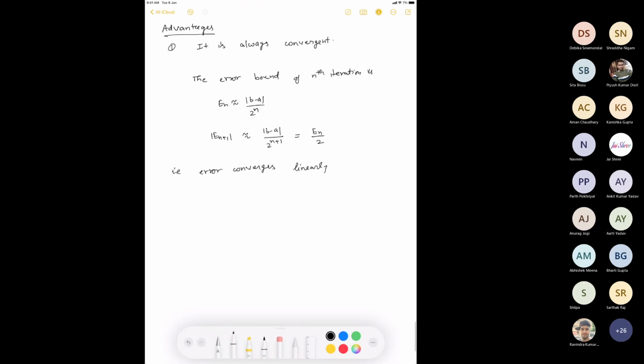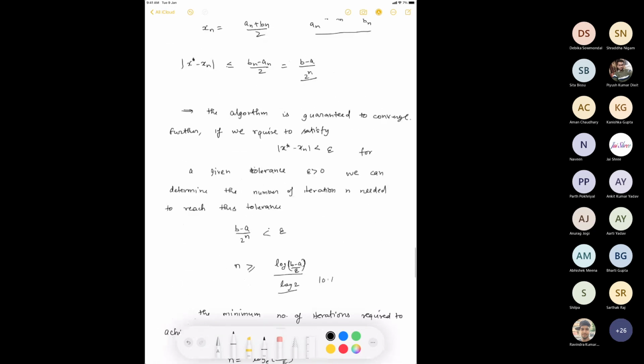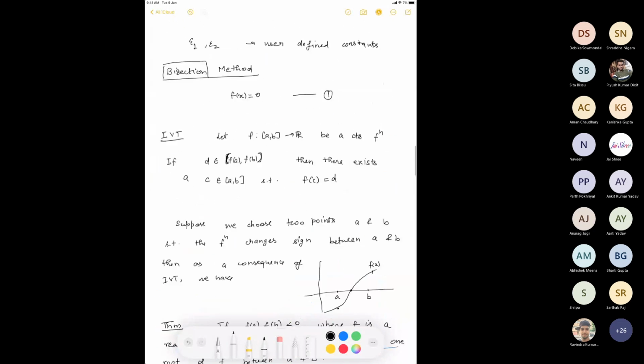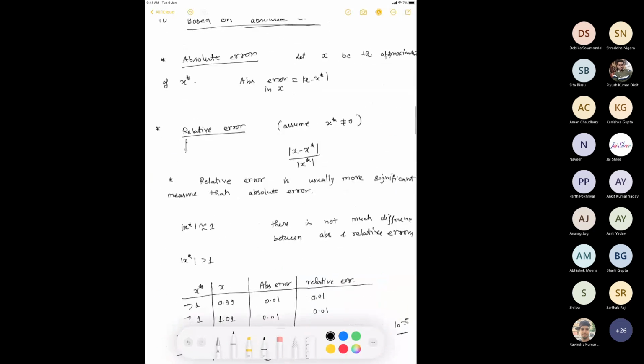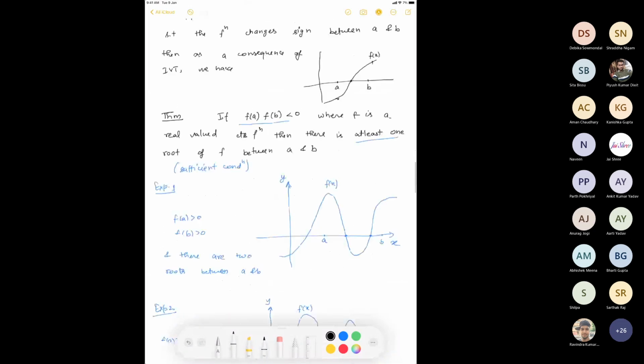And this C, which we had in the definition of the convergence in the linear convergence, is called the rate of convergence, which is 1 by 2 here.